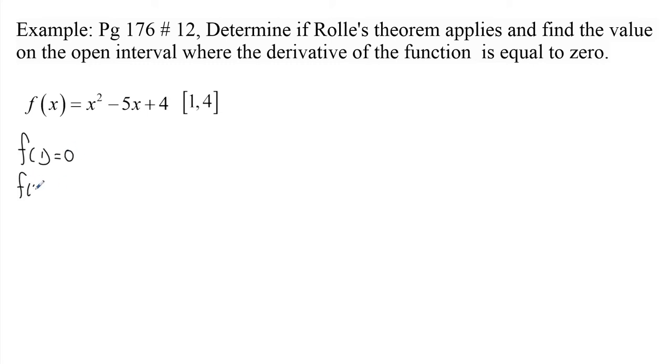F of 4: 4 squared is 16. 4 times negative 5 is negative 20, plus 4 is negative 16, so 16 minus 20 plus 4 is also 0. So the endpoints are equal. Since this is a parabola, it has to be continuous on that closed interval. So Rolle's Theorem does apply.